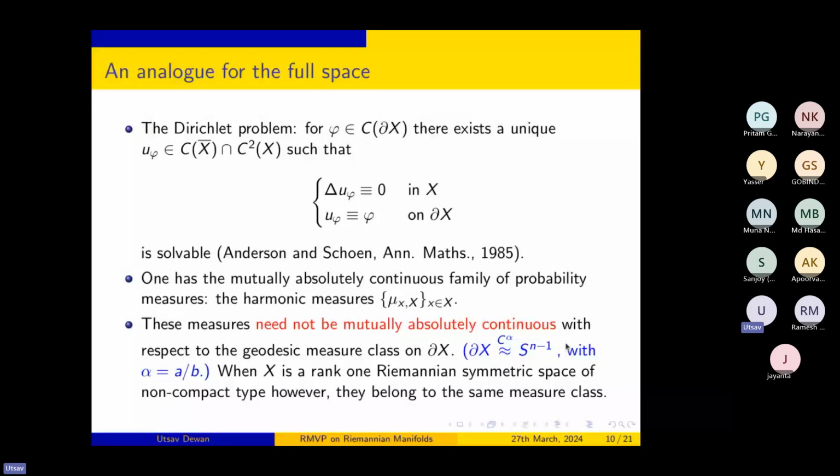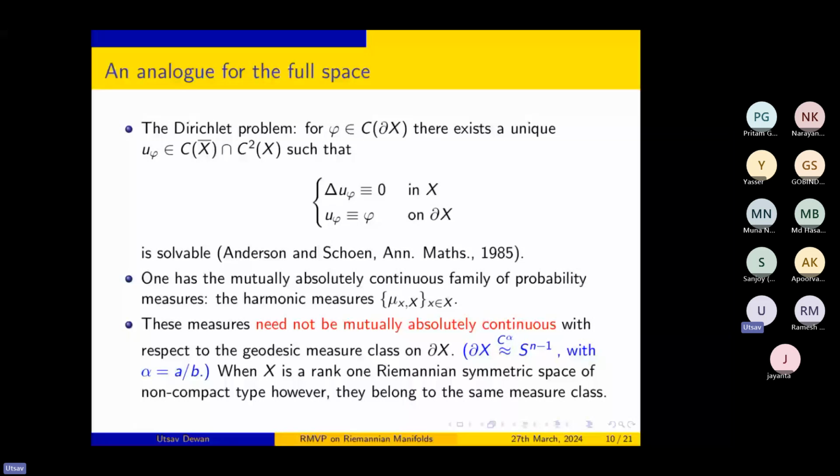That is the caveat. But in the special case when X is a rank 1 Riemannian symmetric space of non-compact type, they actually belong to the same measure class. You look at the compact picture of a rank 1 Riemannian symmetric space of non-compact type. You look at the Cartan decomposition, and then you can identify G mod K with K mod M cross A plus closure.